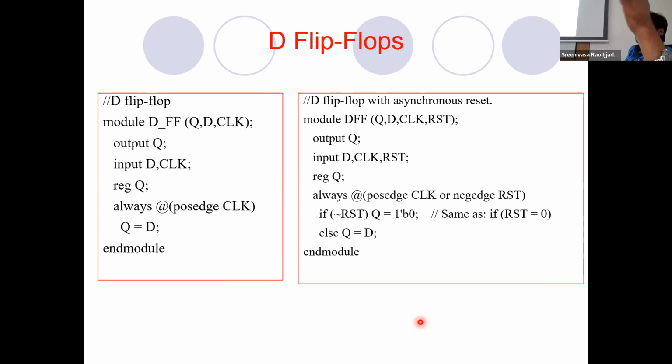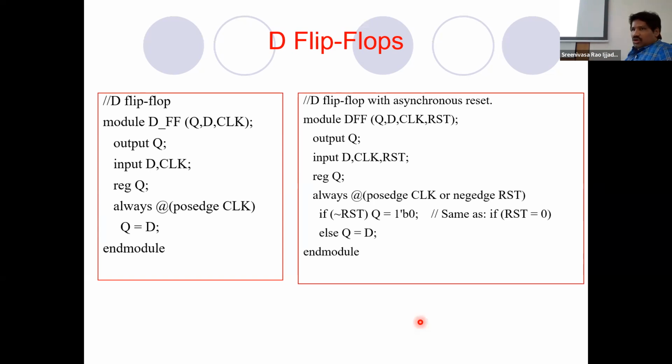What is the characteristic equation of the D flip-flop? Q(t+1) is equal to D simply. The next state is equal to the input only. So that's why else Q is equal to D. End module. Do you have any doubt?